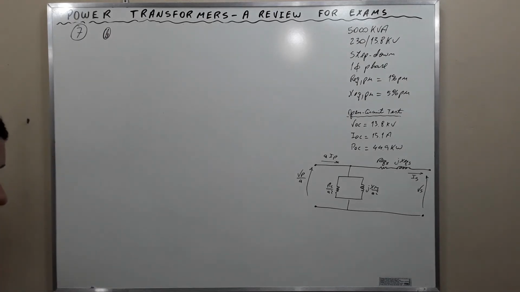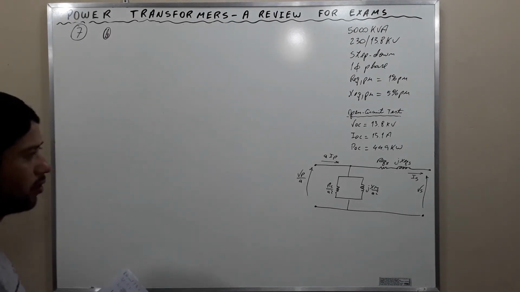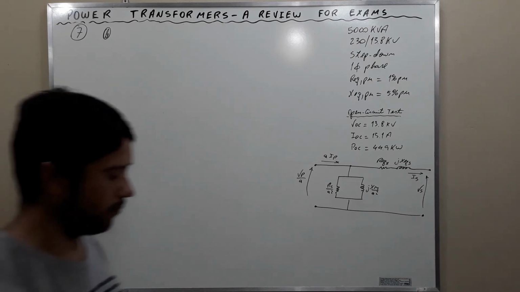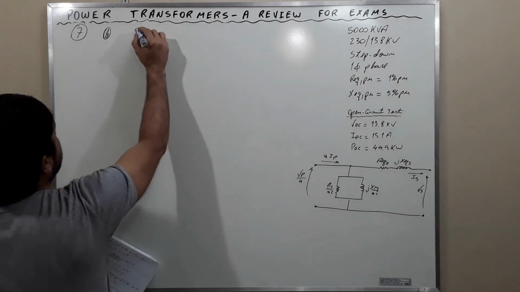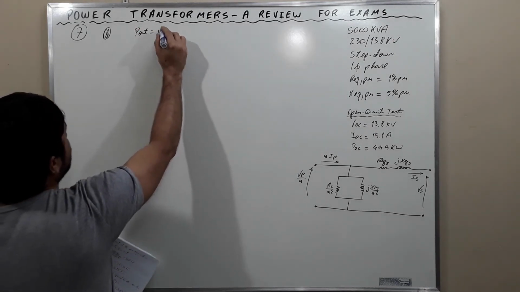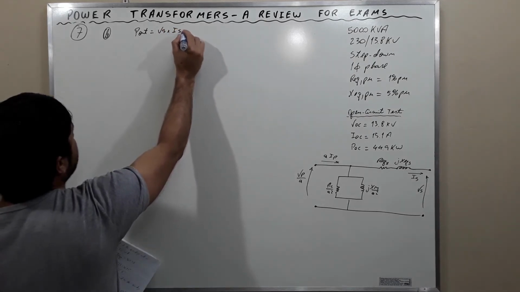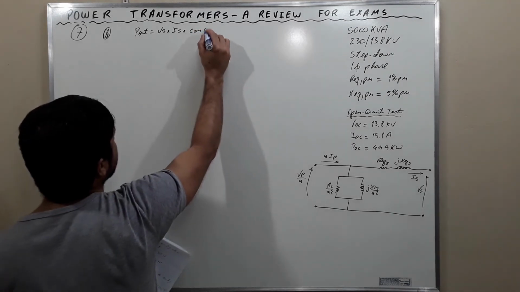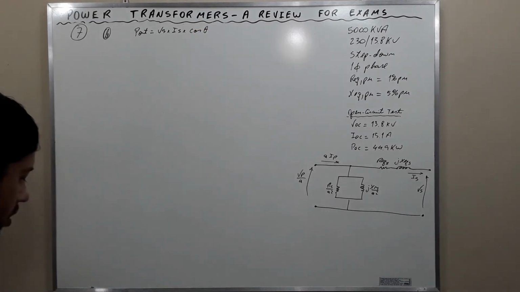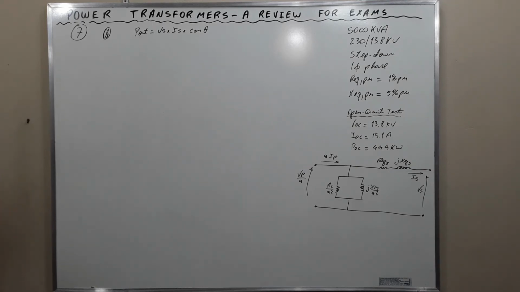Let's calculate the current at the secondary side. We know that P out is equal to VS times IS times the cosine of the angle, and the power factor is 0.8.